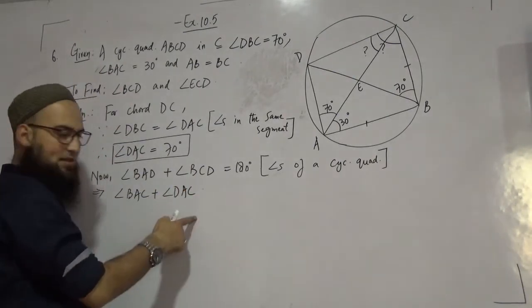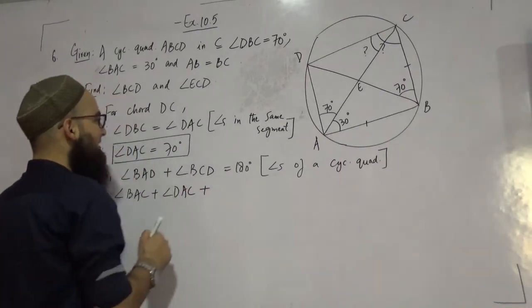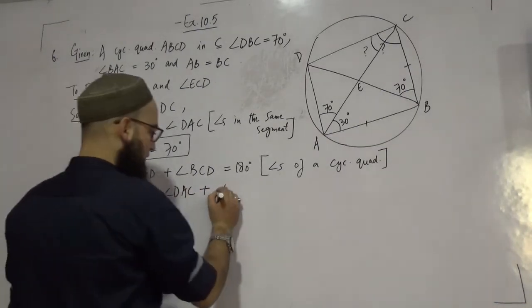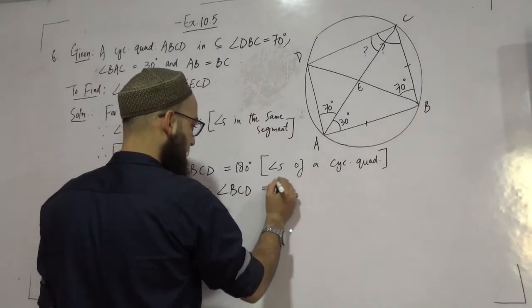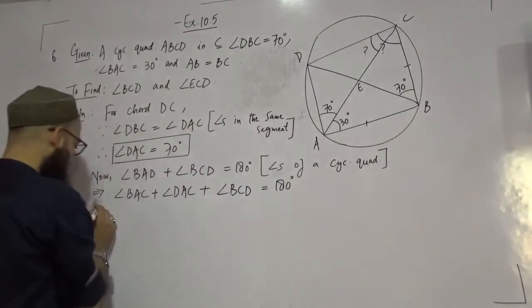BAD is equal to BAC plus DAC, plus BCD, which we need to find, is equal to 180 degrees.